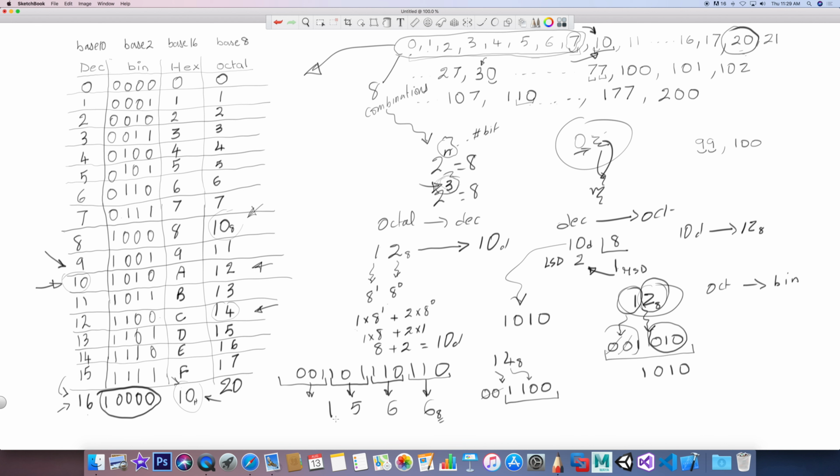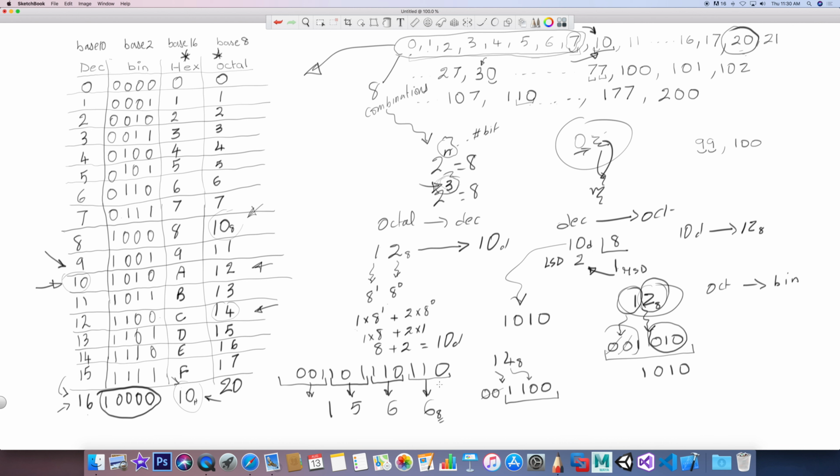So again, octal could be used as a shorthand to represent large binary numbers. But we know hex is even better because you can take 4 bits at a time, so you can represent even larger numbers with a single digit. So this is why you would see hex a lot more than octal. One of the reasons.